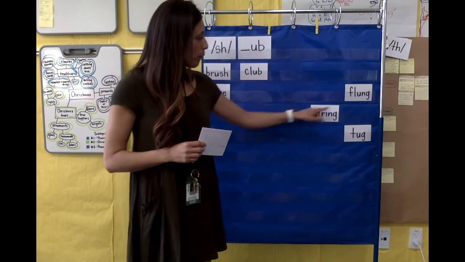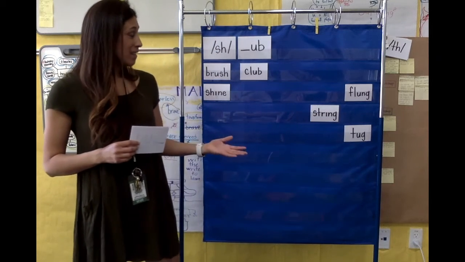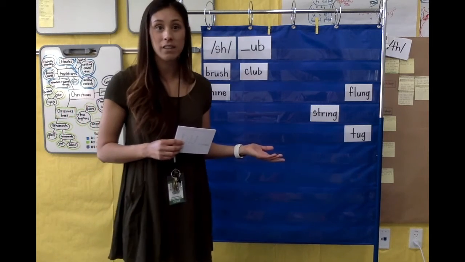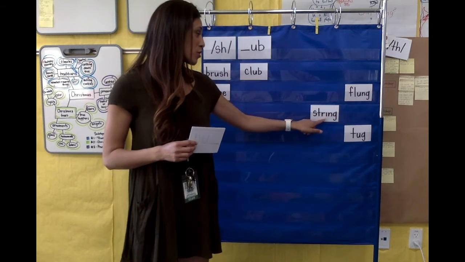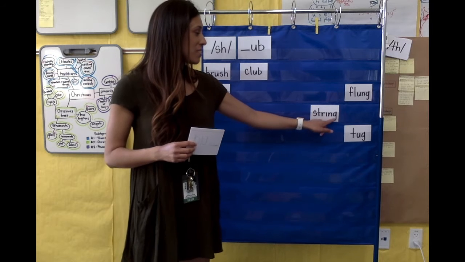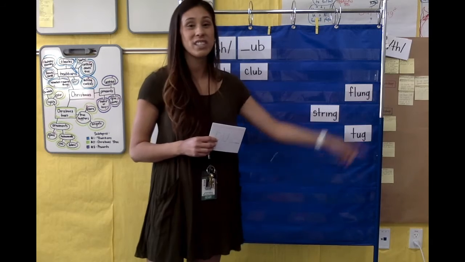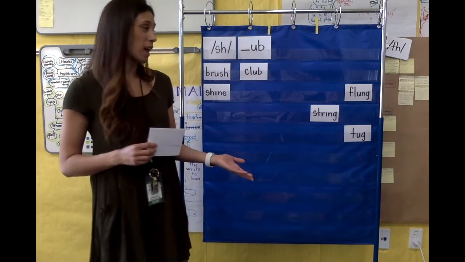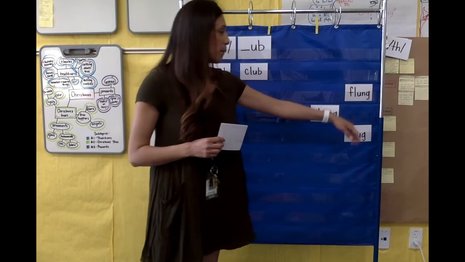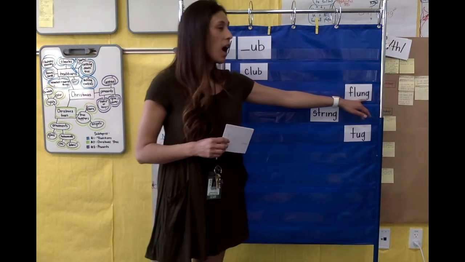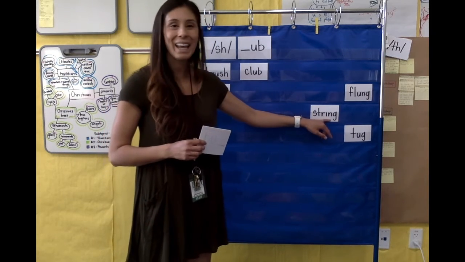And I have three more words. So I have flung, string, and tug. Again, they don't really share patterns in common, but they kind of look similar. For example, string has the ending ing, and then flung has the ending ung, so they almost look alike, but they are not exactly the same, because in flung, I'm hearing ung, and in string, I'm hearing st, ing.